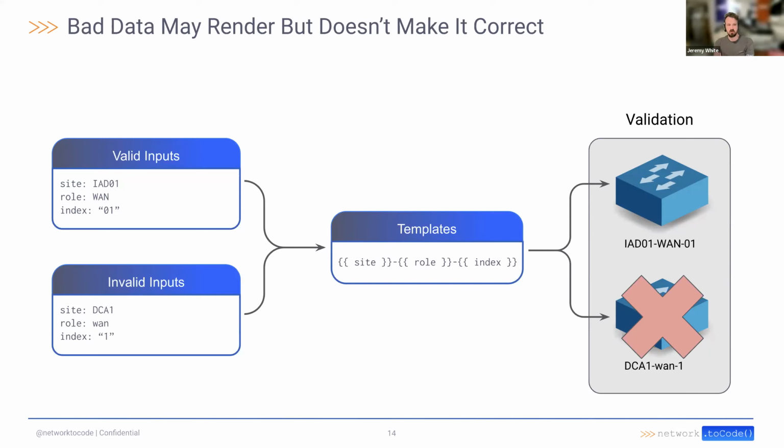I've got my IAD 01, WAN 01, and I've got DCA 1, WAN 1. And we can say that based off of our template, our site, role, and index are concatenated together to form our host name. And so we can quickly see that although we have the appropriate attributes to build out our template and to template out our host name, we potentially have an incorrect host name that gets pushed all the way to the remote device.